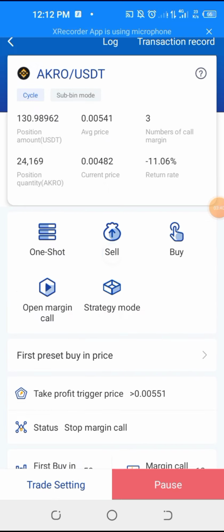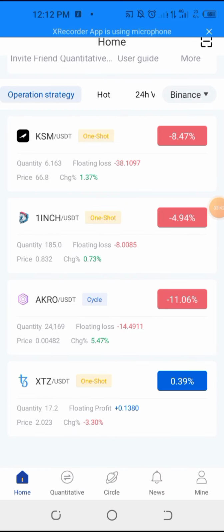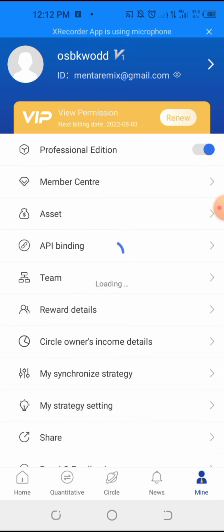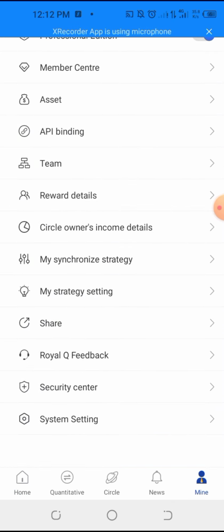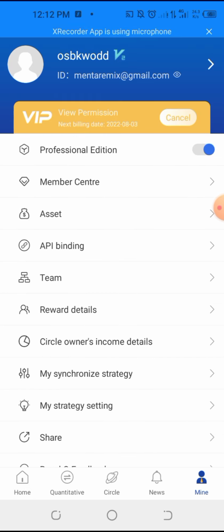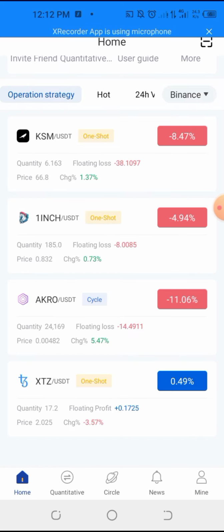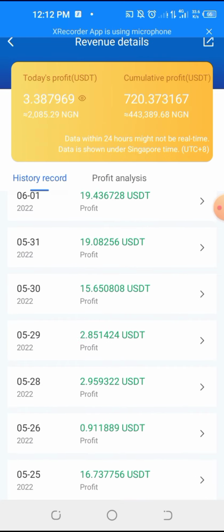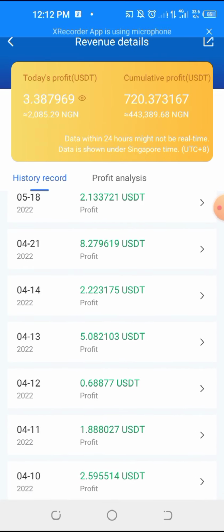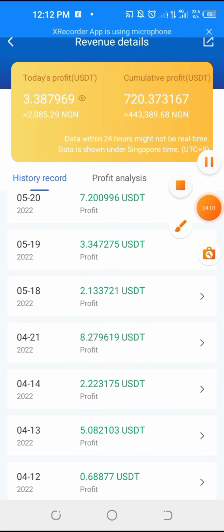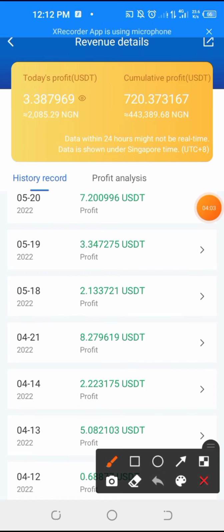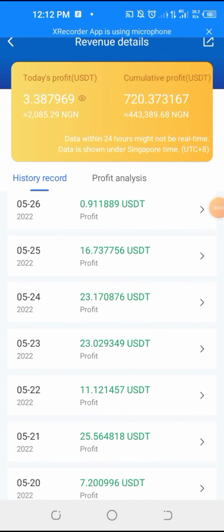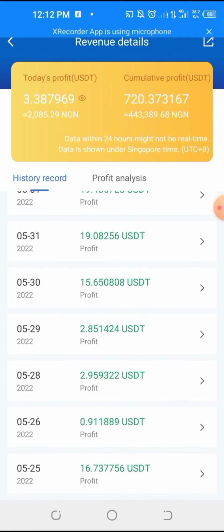So most people that always complain about RoyalQ, I'm just like, I've been using this bot for about 10 months now. So this is the amount of money it has made for me so far. If I go to revenue up here, from 18 May, you can see how it has been making money daily, daily, daily.